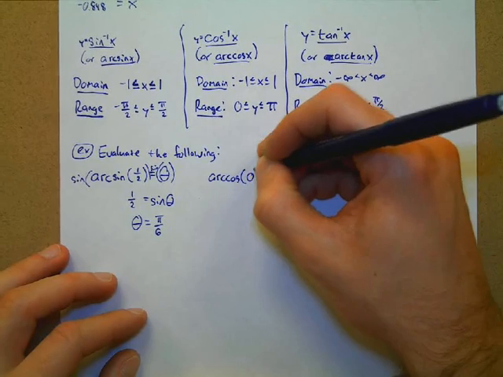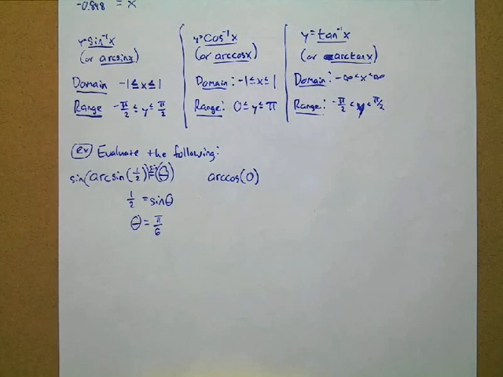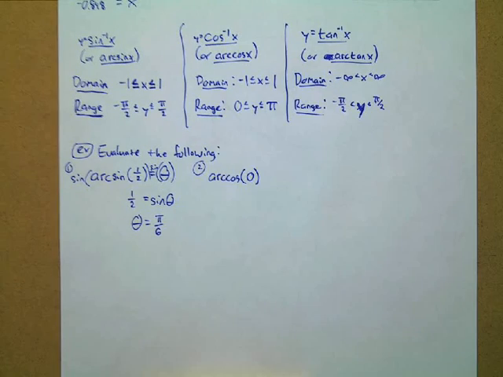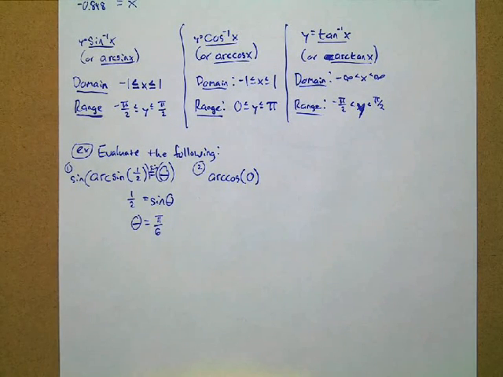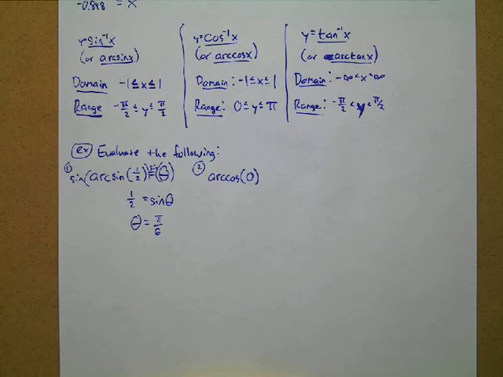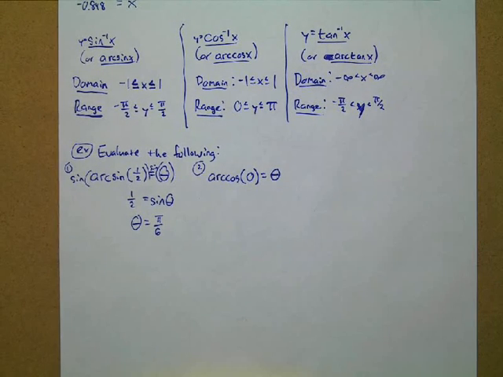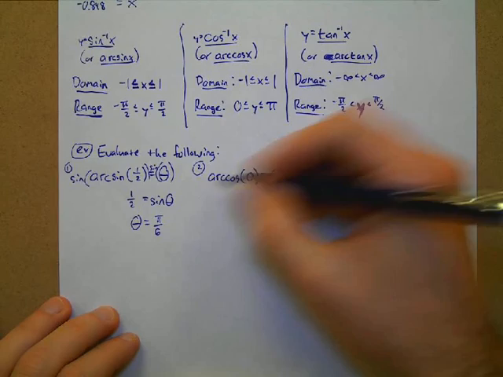Again, I'm not so familiar with those inverse trig things, but I can say that's going to equal some angle theta. With arccosine, you're plugging in a ratio, and your output is going to be an angle in radians. So we take the cosine of both sides, arccosine and cosine cancel out, and I have 0 equals the cosine of theta.